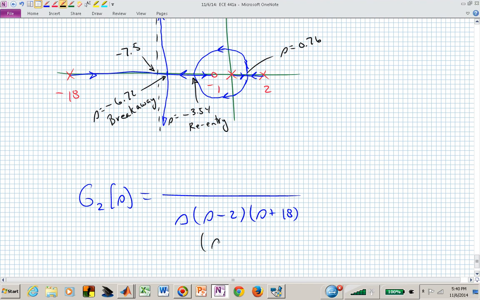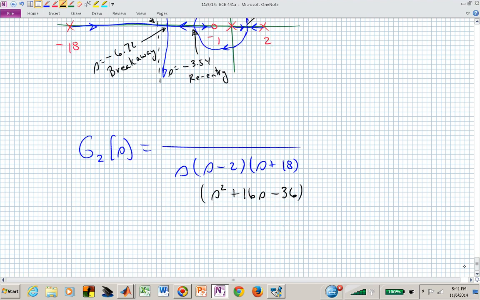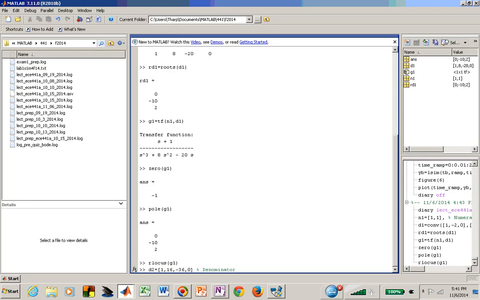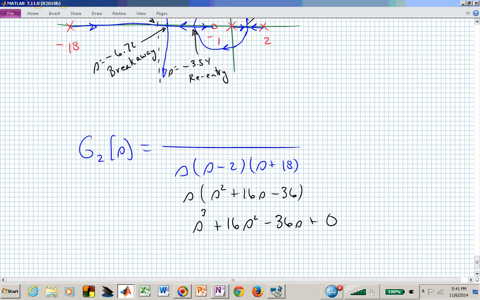This now becomes S squared plus 16S minus 36, and then when I hit it again with the S, I have S cubed plus 16S squared minus 36S plus 0, and that's where that last coefficient comes from, and that's now my denominator polynomial.